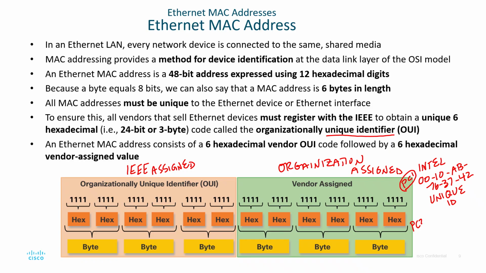PC2 would also have this and its own unique ID. So that is the uniqueness. The first portion is assigned by IEEE to a particular vendor. The second portion is organizationally assigned, where the first 6 will be the same for everything made by that organization. And the last is the unique identifier.